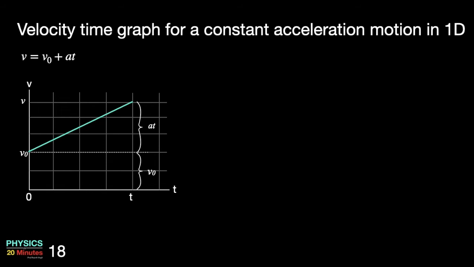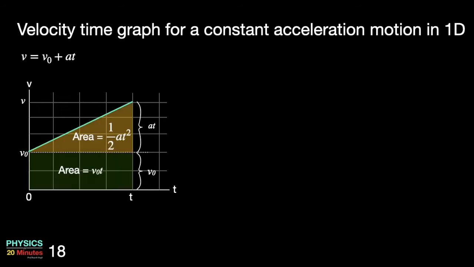Now in a velocity time graph, what does the area beneath the curve represent? You can see that here there are two types of area, a triangular area that is half at square and a rectangular area which is v0t. What does this total area represent?